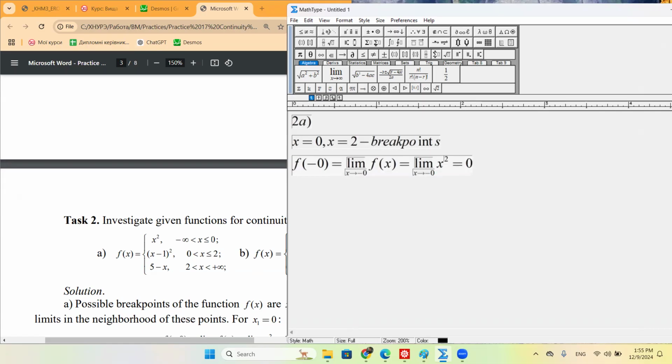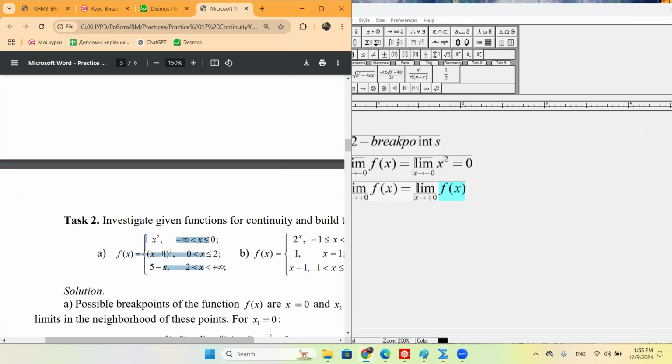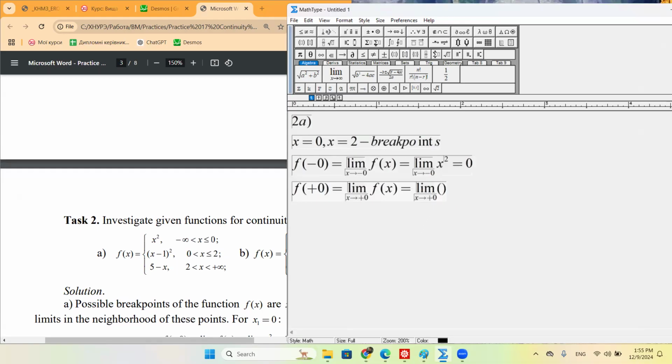And it equals 0, obviously. And for plus 0, which expression? (x minus 1) to the power of 2. Yes, so we need to be careful. And the result is 1.